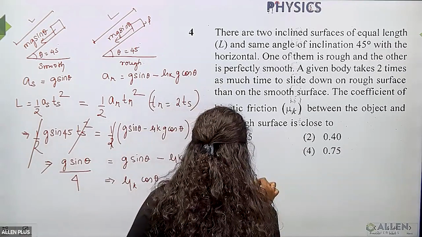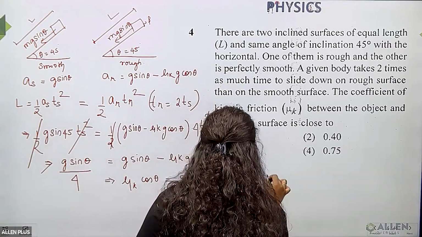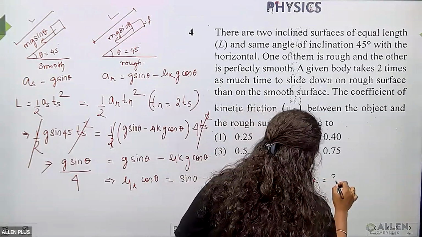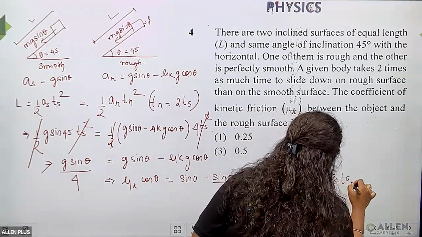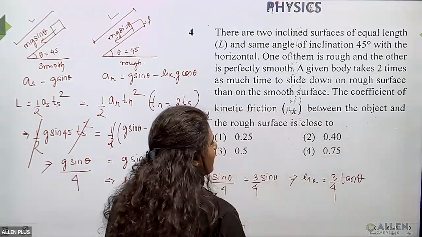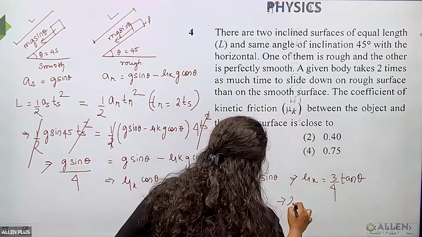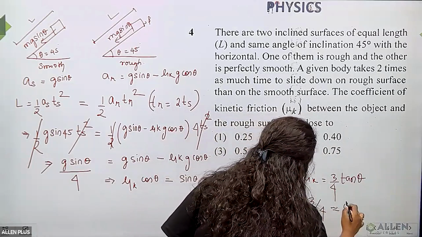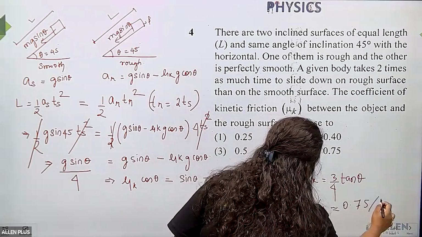This can be written as 3 by 4 sine theta, or I get mu k is equal to 3 by 4 tan theta. Tan 45 value is 1, so the value of mu k is equal to 3 by 4, or according to the option, I can say it is 0.75.